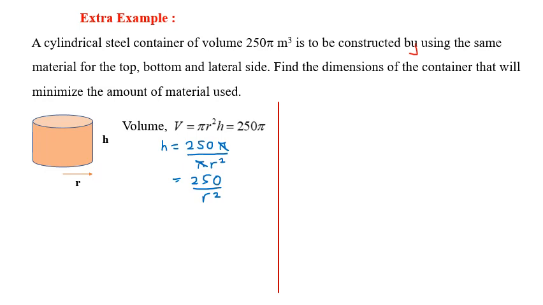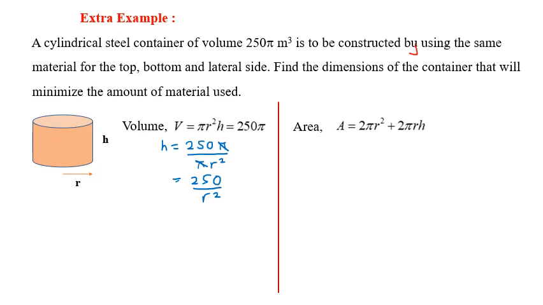Later on, the equation that we need to differentiate is actually the equation of surface area. So remember the formula for surface area of a cylinder? The formula is 2 pi r squared plus 2 pi r h.